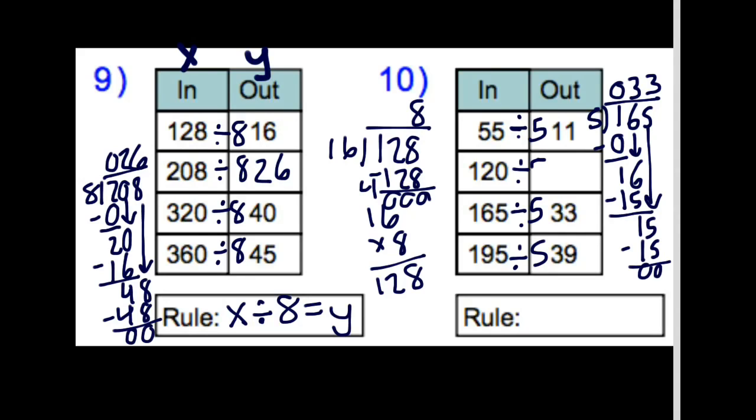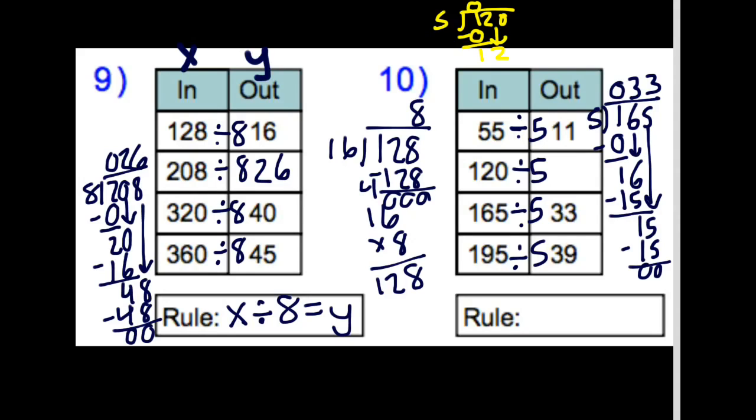And then I'm going to do 120 divided by 5. I'm not sure, so I'm going to go ahead and divide it. 120 divided by 5. 5 goes into 1 0 times. 5 times 0 is 0. 1 minus 0 is 1.